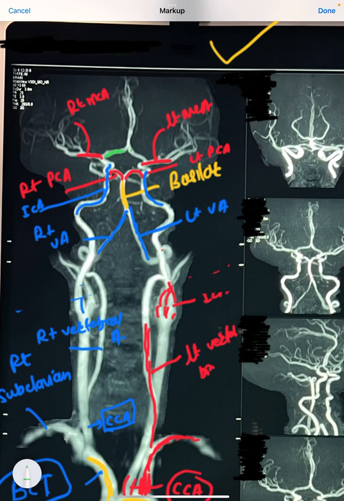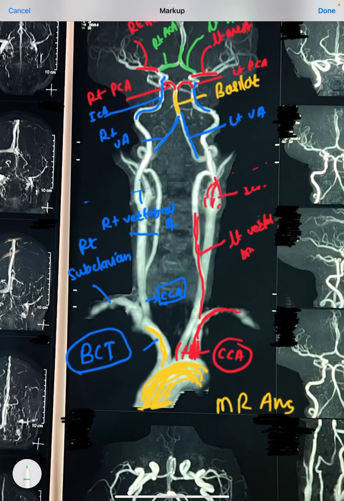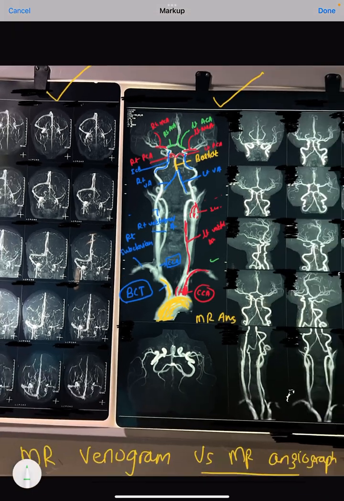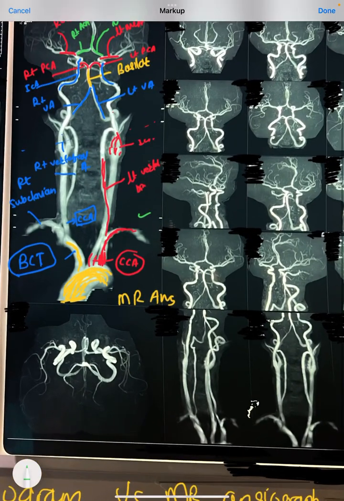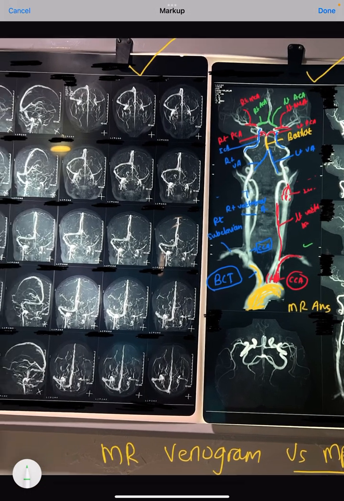So this is the right ACA and this is the left anterior cerebral artery, and these are the branches which communicate the two anterior cerebral arteries. We call them anterior communicating arteries. So overall, these are all the arteries which we can very nicely see in this angiography. This can be very well evaluated in other films as well. I won't be going into detail of these arteries.